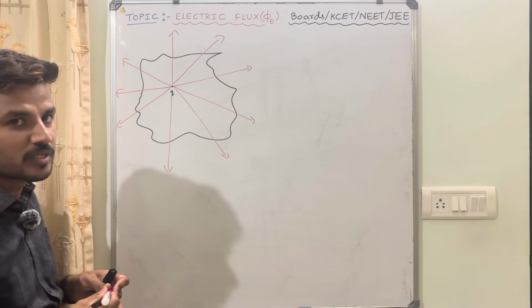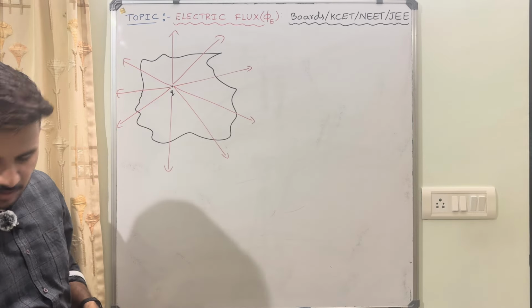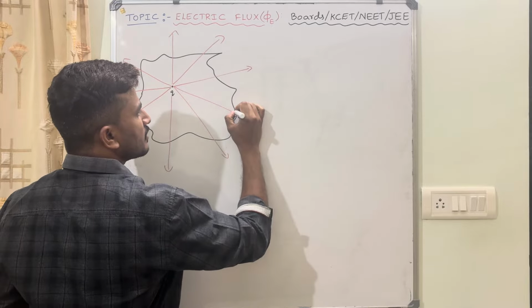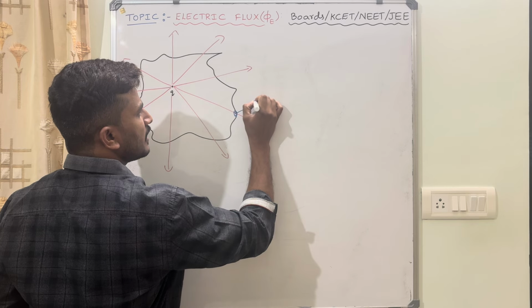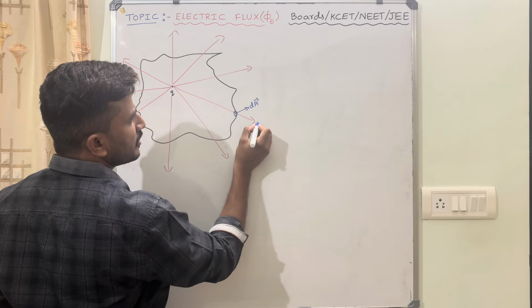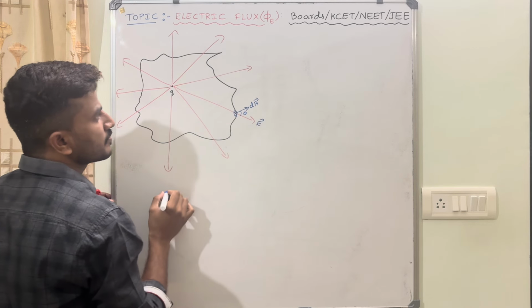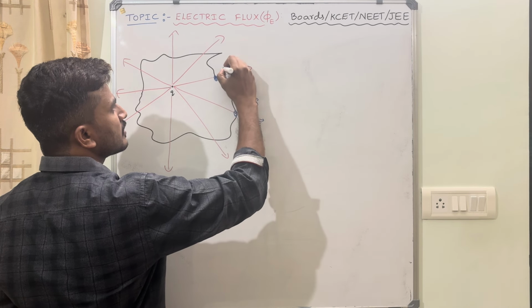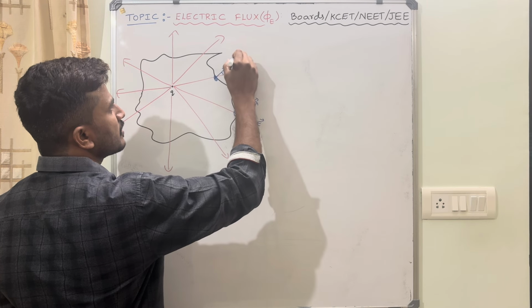The electric field is outwards, which means it is a positive charge. Now if you observe, here the area vector is in this direction, dA, but the electric field is in this direction. What is the angle? Theta.